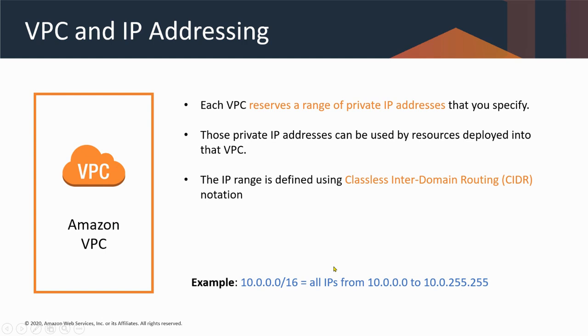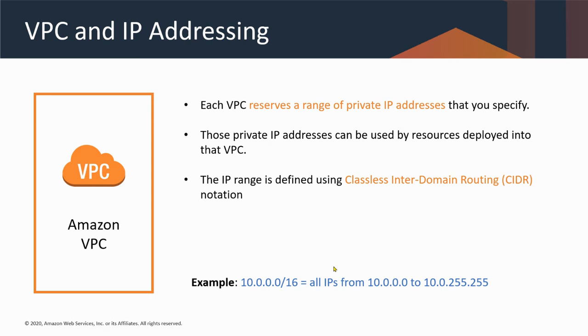All right, so maybe I don't know a lot about IP addressing. So how does that work? Now, whenever you plan to build a VPC, you need to pick an IP address range. That IP address range is a private IP address range that allows you to sort of reserve those private IPs for yourself.